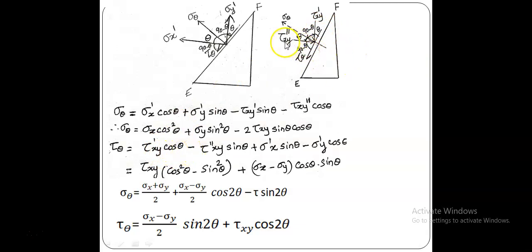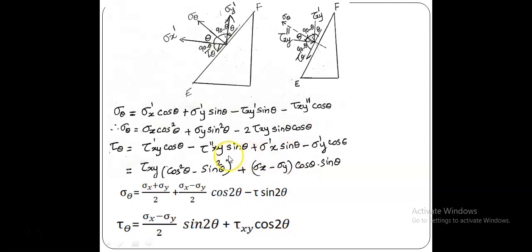Then let us see tau xy double dash, when it is resolved with respect to 90 minus theta. When it coincides with this tau theta, its arrow is towards this side, it goes upward, whereas tau theta is downward, therefore it becomes minus.